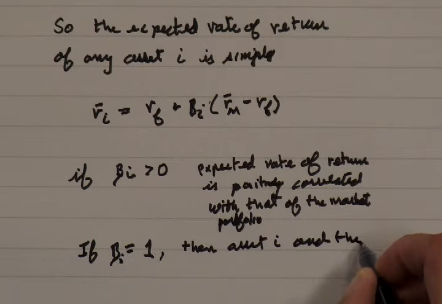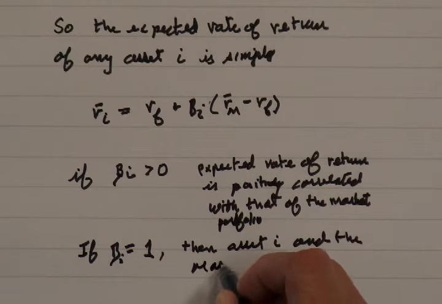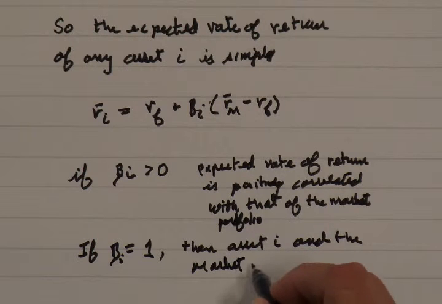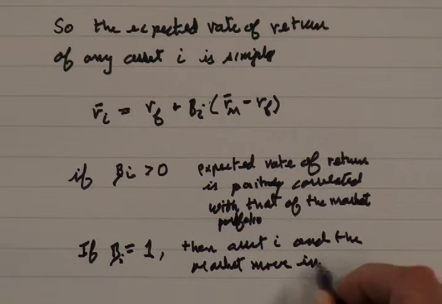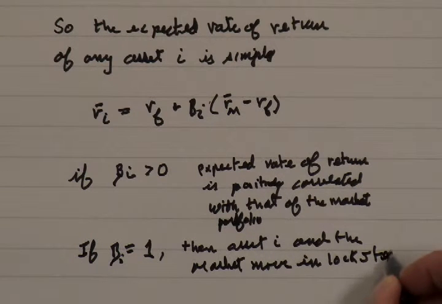The market and asset I move in lockstep. What we mean by that is that if the market goes up 25%, then asset I's expected rate of return should go up by 25%.